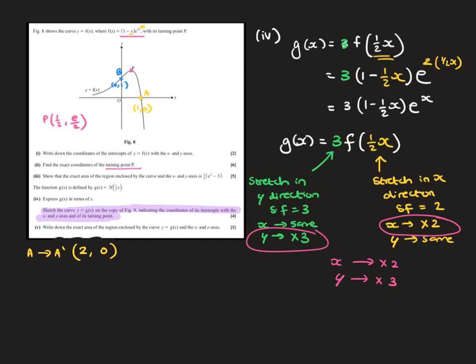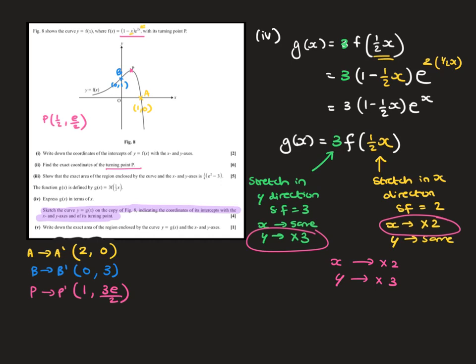B is mapped to B dash, so its x-coordinate is 0, which then stays at 0, and its y-coordinate multiplies by 3 to 3. And P has non-zero x and y coordinates, so they're both affected, so P dash, x-coordinate becomes 1, and its y-coordinate becomes 3e over 2.